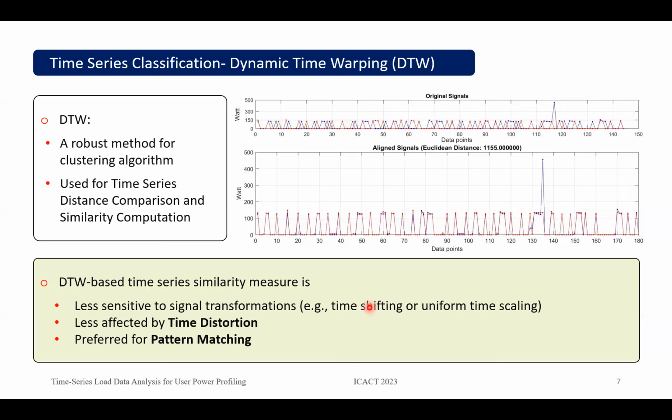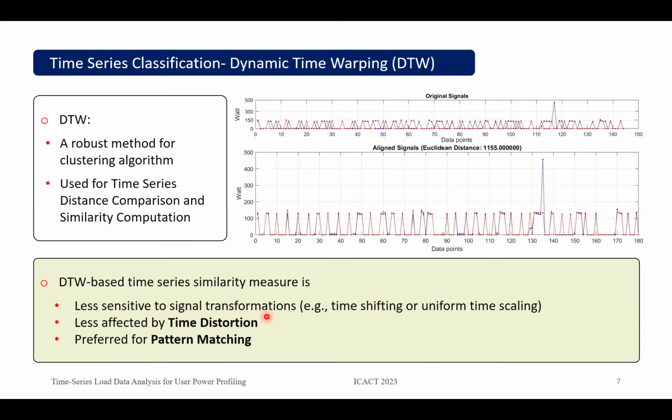Normally, DTW-based time series similarity measures are less sensitive to signal transformation. So if there is any time shifting or time scaling between two time series, DTW is able to match data points accordingly without any problem.